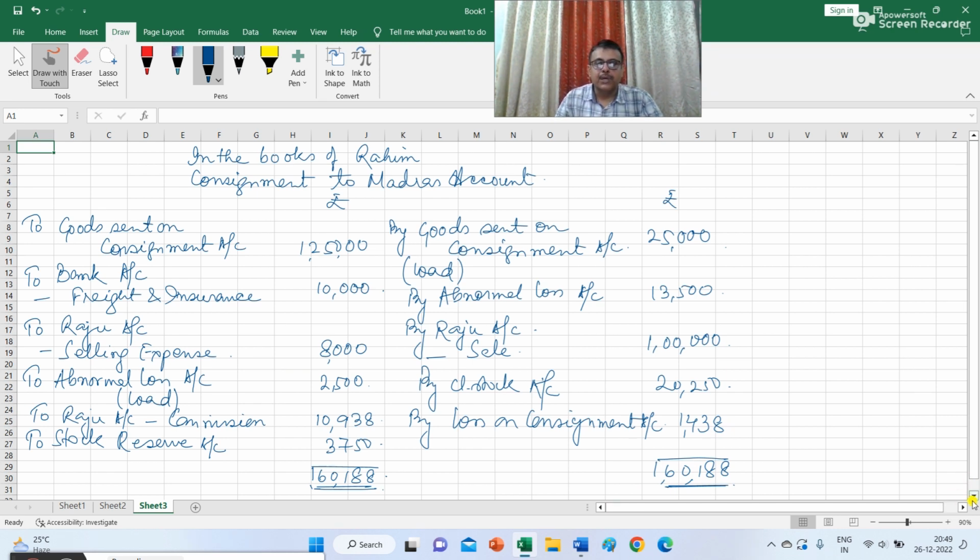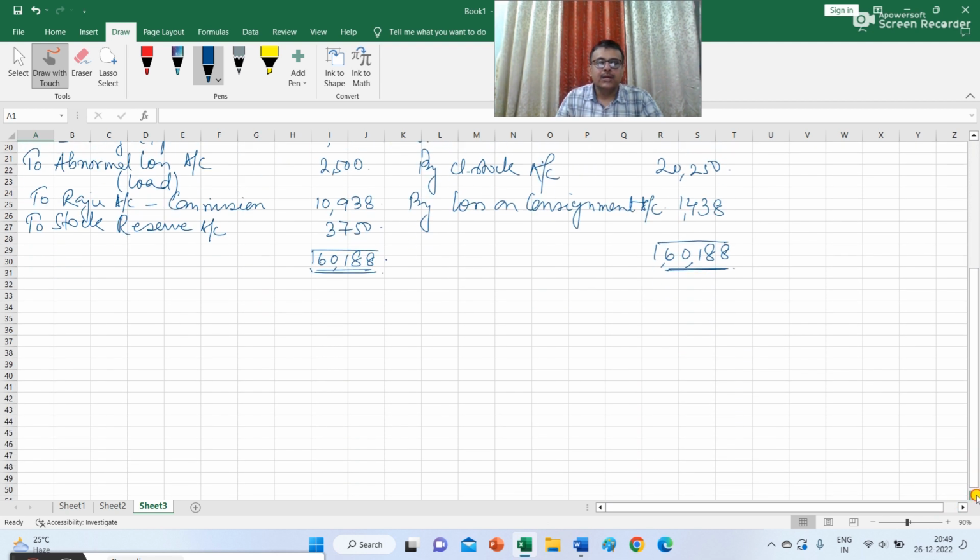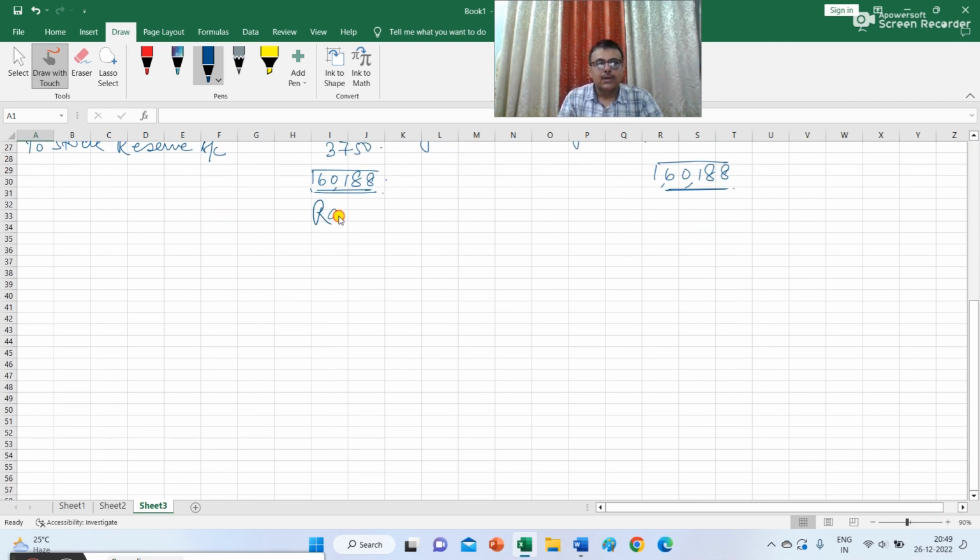Now I have to prepare the Raju account, that is consignee account. So on debit side, I have to write the amount of sales made by Raju, that is to consignment to Madras account. And the amount of sales made by Raju is for rupees 1 lakh. On the credit side, I have to write the two figures. One is for the selling expense and the other is for the commission.